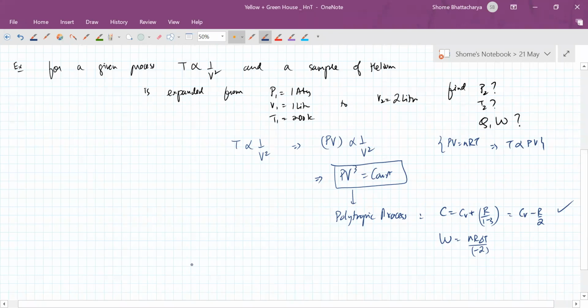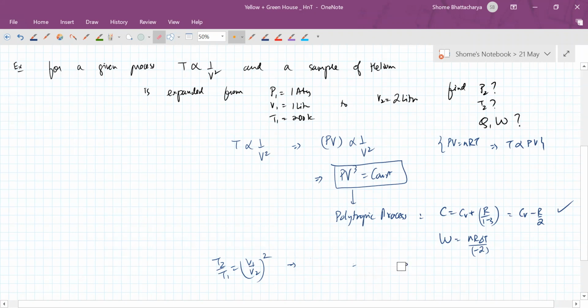T2 by T1 will be equal to V1 by V2 to the power 2. So that's how V2 should become V1 by 4. Oh, sorry, I've got this reverse.